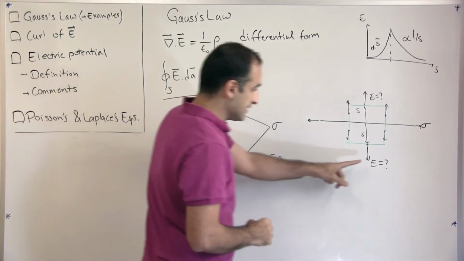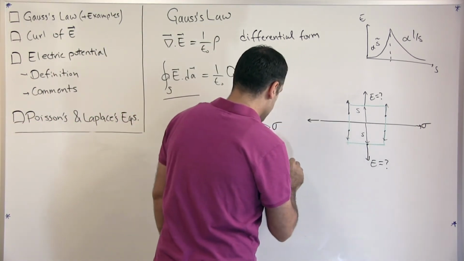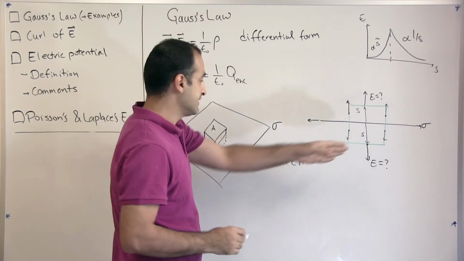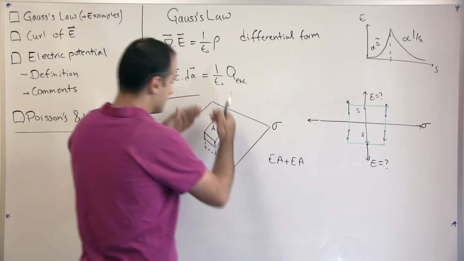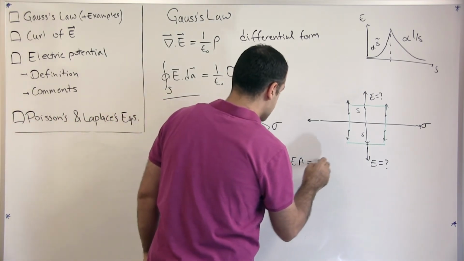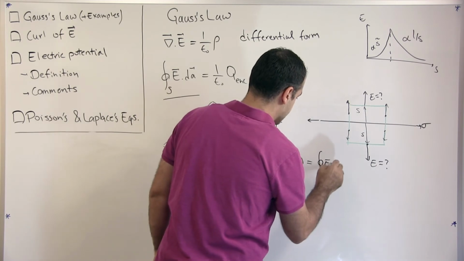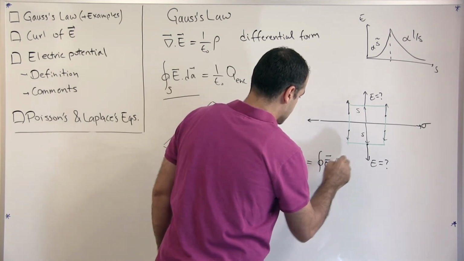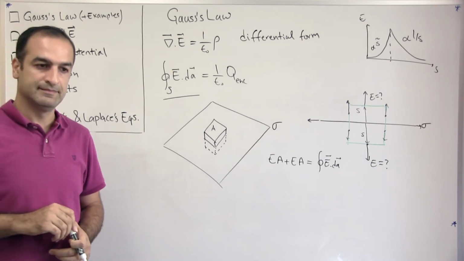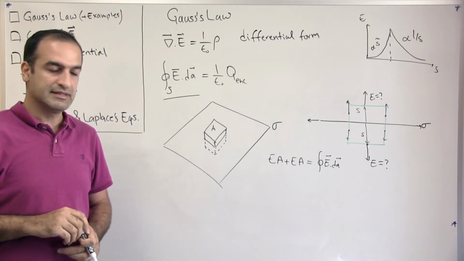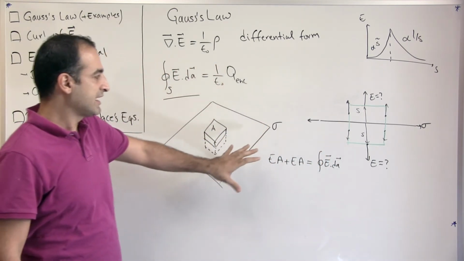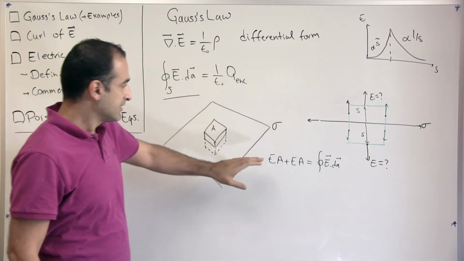The same, E times A is going to be the contribution from the bottom surface. And the side surfaces, they are zero. Technically, there are 4 side surfaces, all of them are 0. So this is basically the whole integral of E dot dA. Sounds good? So these are all the contributions we have on this box.